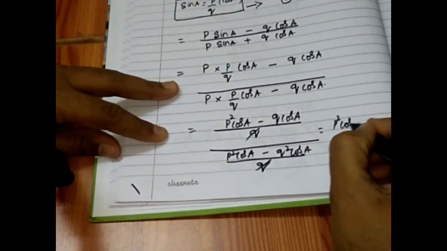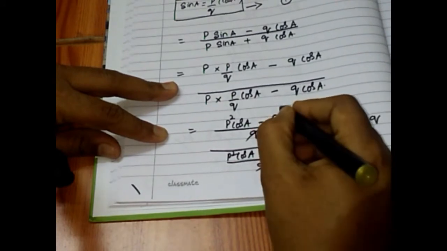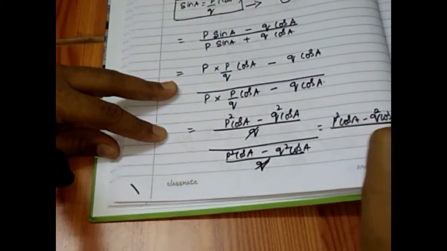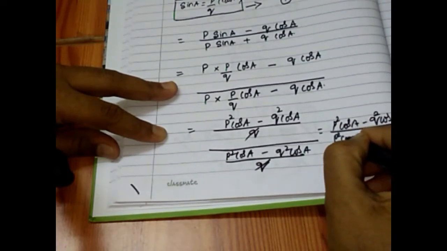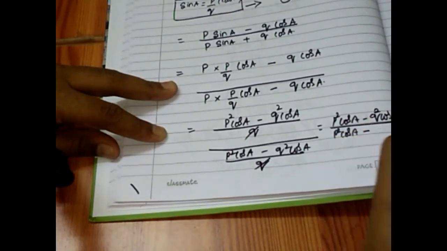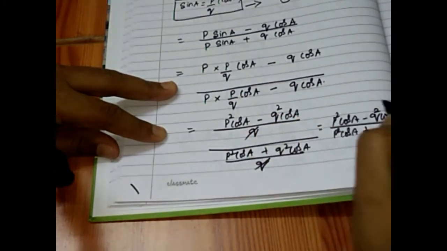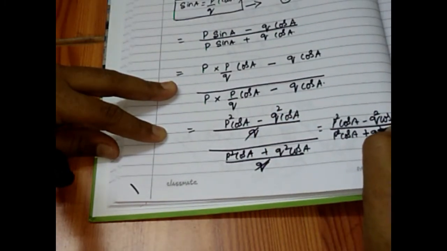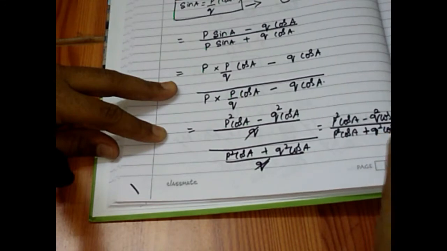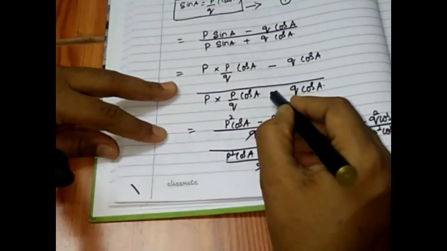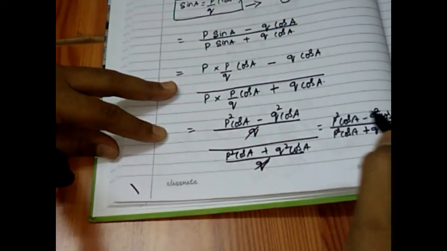P square cos A minus Q square cos A by P square cos A plus Q square cos A. In the problem also, children, numerator is having minus, denominator is having plus.